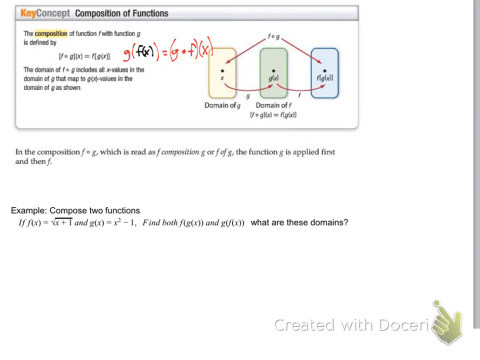So, the first one I want to do is f of g of x. Now, I'm going to show you guys this color-coded, and I'm going to take it one step at a time, please. What I want you guys to do is say, I am going to take out the x's of f of x, and replace them with g of x.